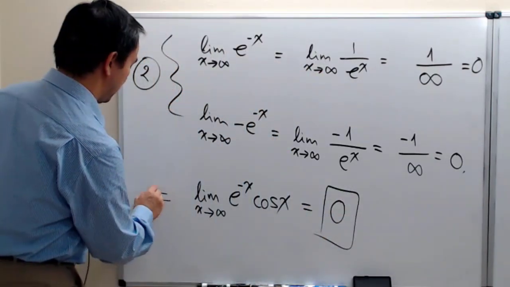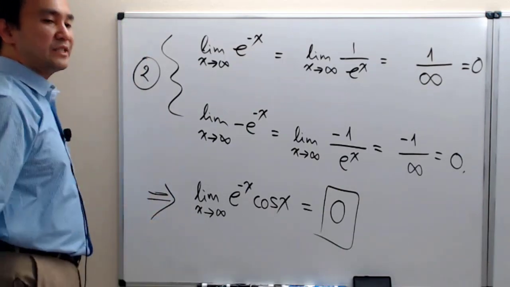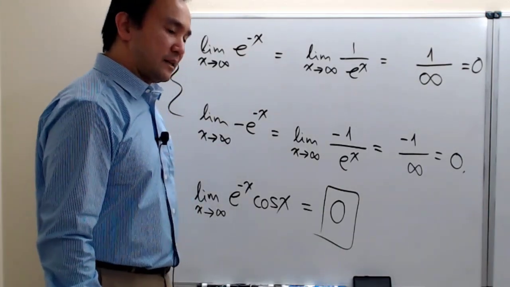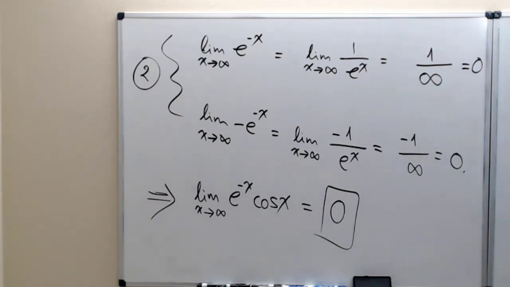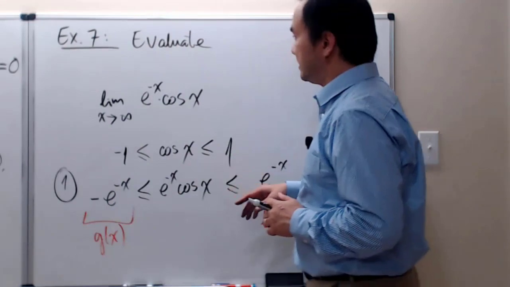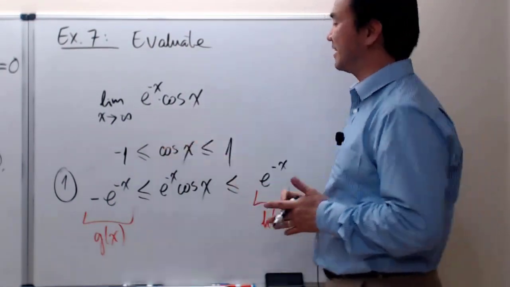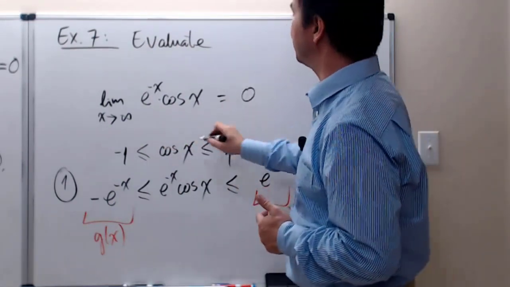That's how useful the squeeze theorem we learned a little while back is. It's still within our days learning calculus, but now it becomes useful again for limits at infinity. So this final limit is 0.